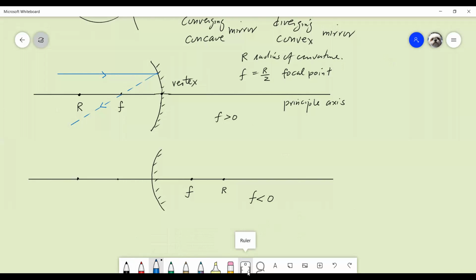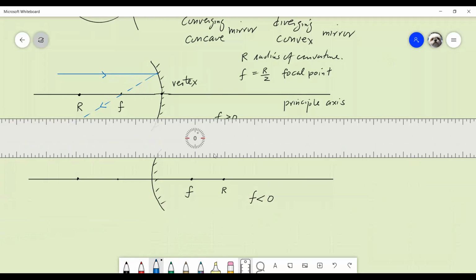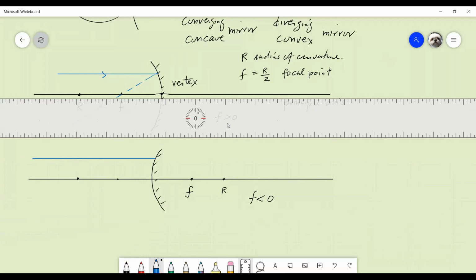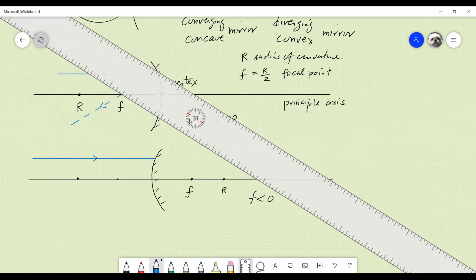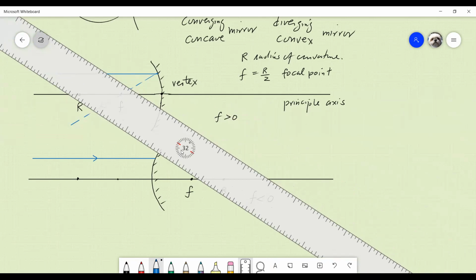Now let's say that I have a parallel line coming in. This line will diverge, this line will go this way. Now how do they diverge? They look like this line is coming out from the focal point on the other side.